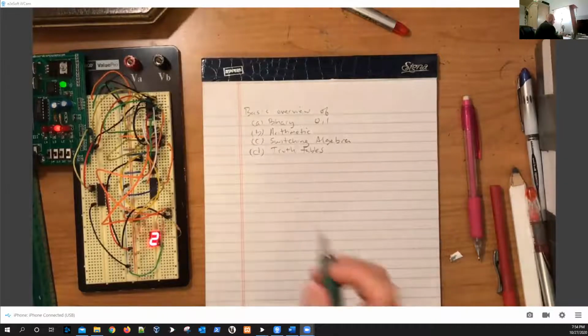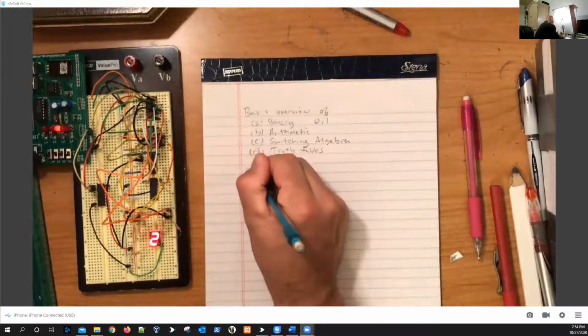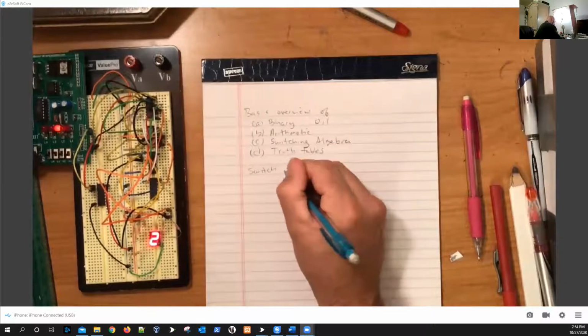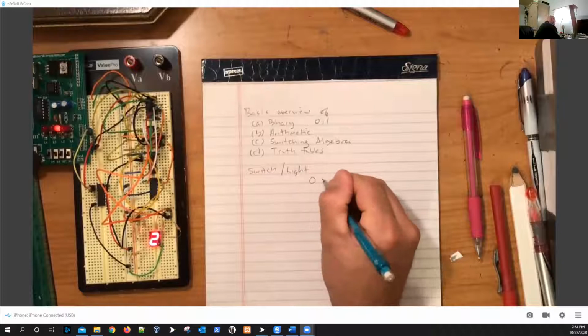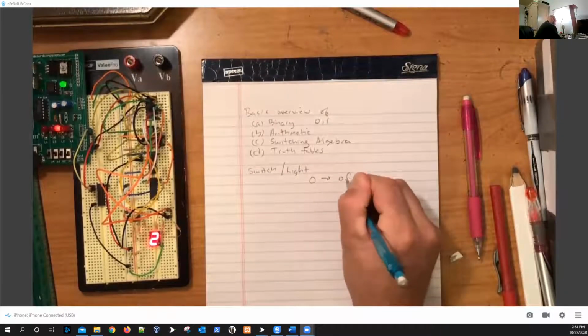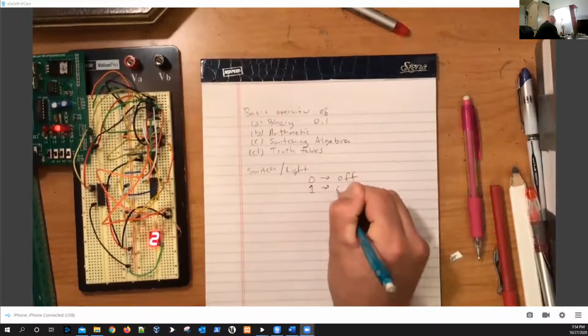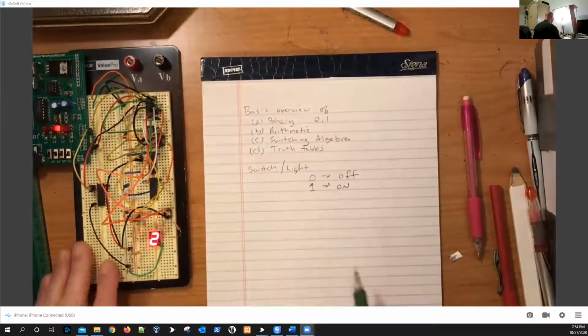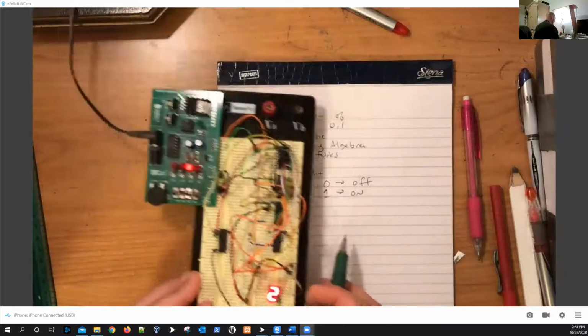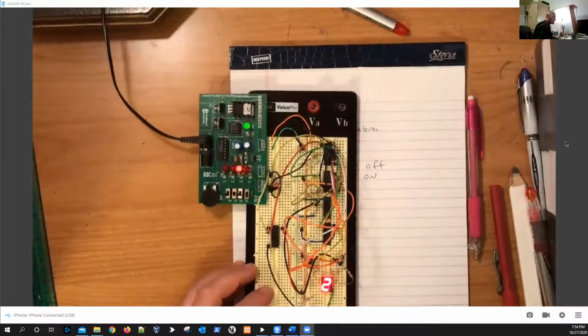So what do I mean by that, by binary? We can have a switch or a light, and we'd say 0 means that it's off, and 1 means that it's on. And so in a very basic sense here, I've hooked this up for demonstration.